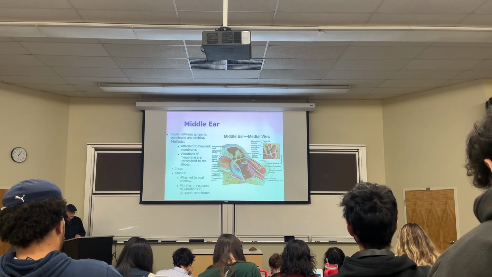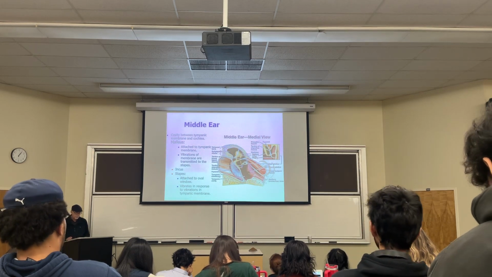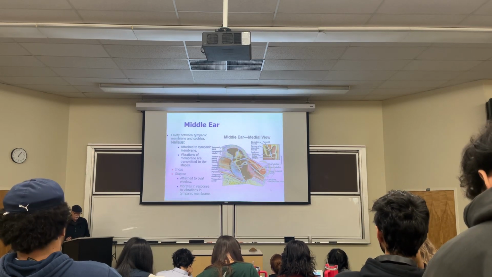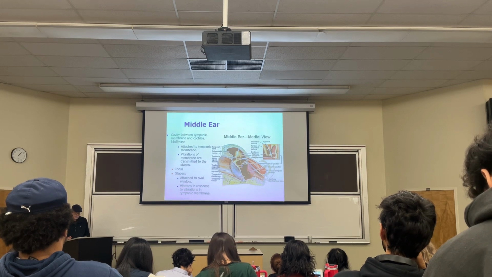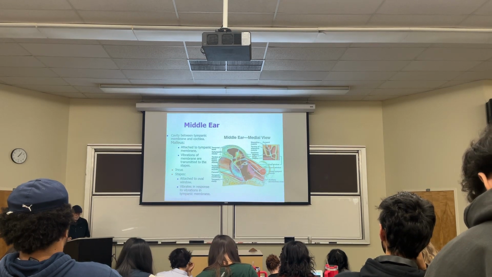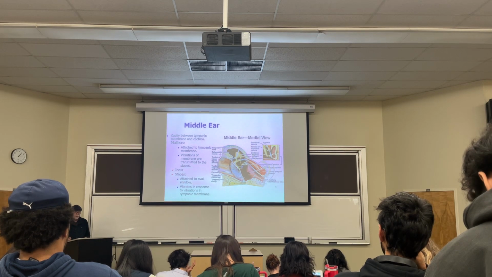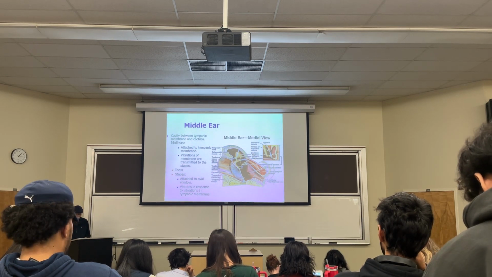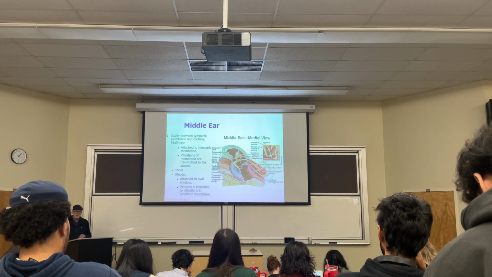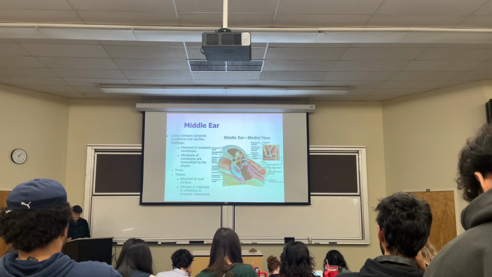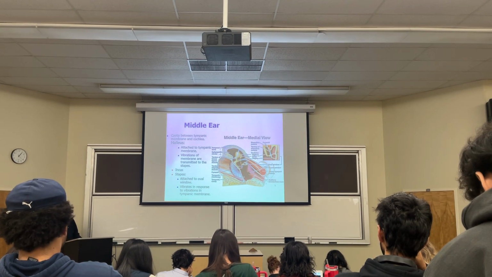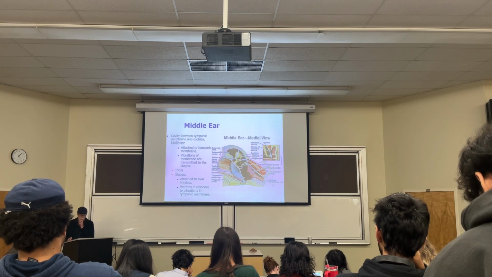The middle ear, in addition to having these ossicles, has another opening called the auditory tube. This runs from our middle ear down to our pharynx, our throat. Old school, it was called the eustachian tube, but we're trying to get away from proper names of people.